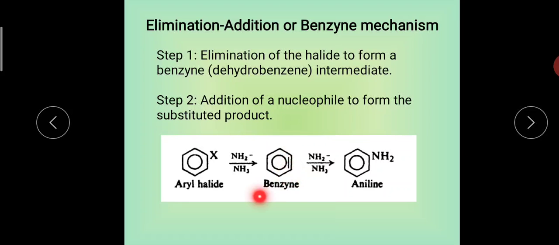The new bond in benzyne has to be formed by some other means. Because you very well know that halide is electron withdrawing in nature, so when it has to break off, it will leave along with its electrons.